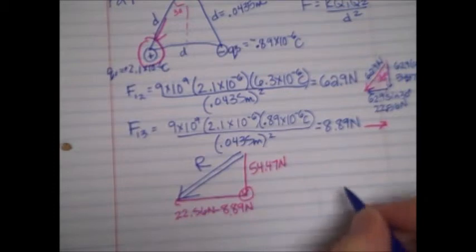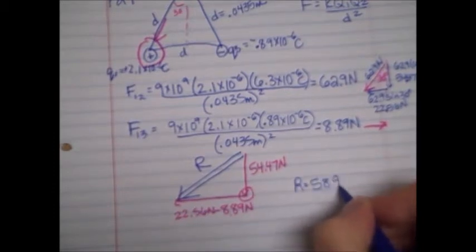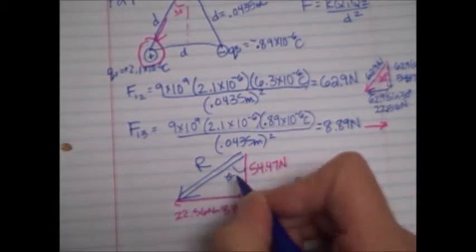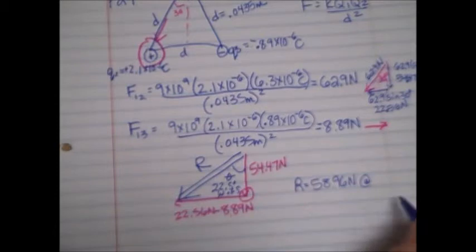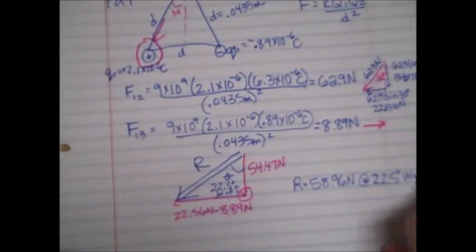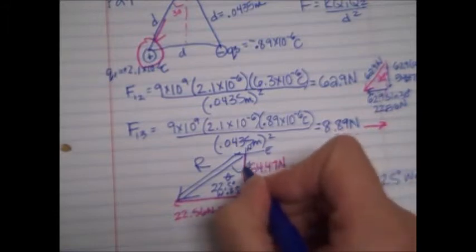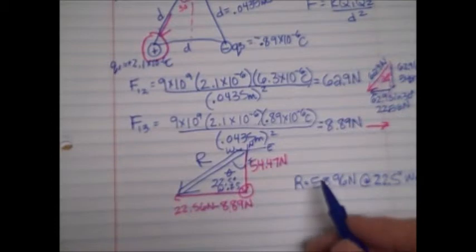As I solved that, I got R equals 58.96 newtons, at an angle of 22.5 degrees west of the south axis. You always put your never eat soggy waffles compass at the tail of the vector to tell you what direction that vector is going out at.